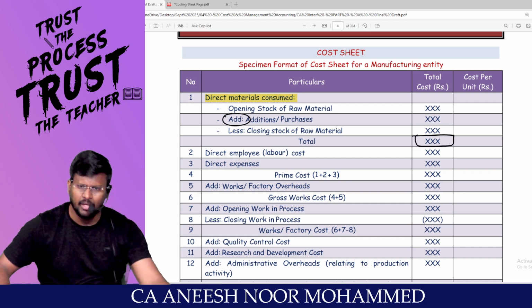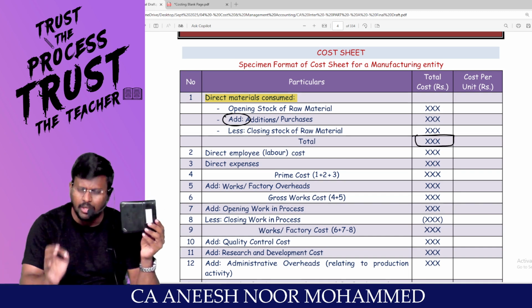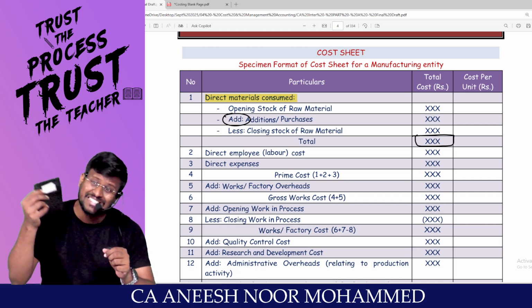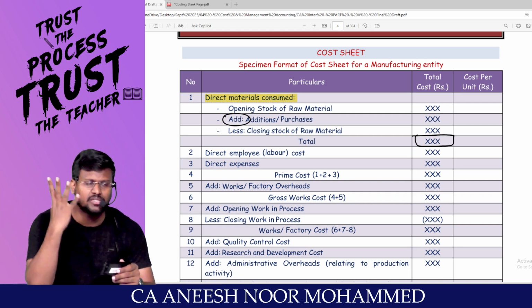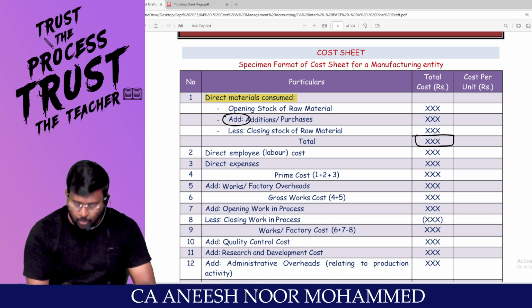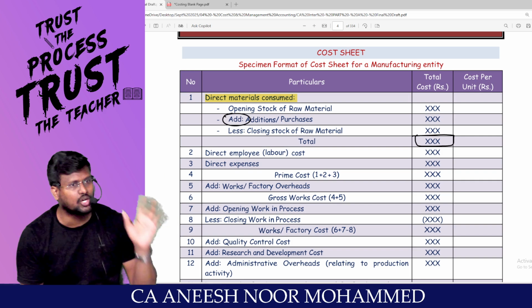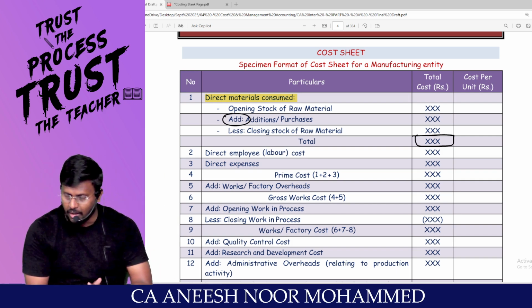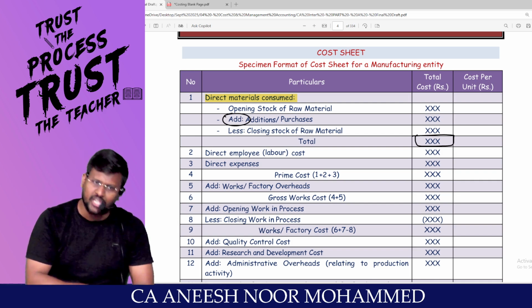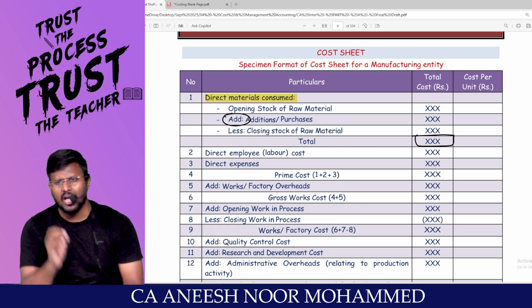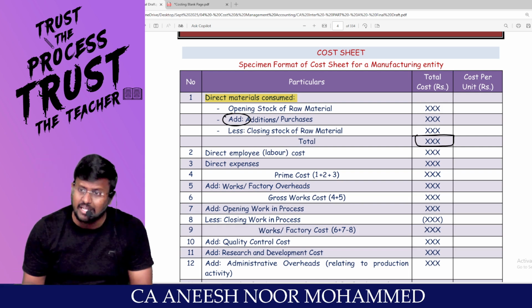If I want to know the total cost which I have incurred, consumption is important, because to the extent I have consumed raw material, only to that extent have I incurred the cost, correct? That's why opening stock plus purchases minus closing stock gives the raw material consumed.